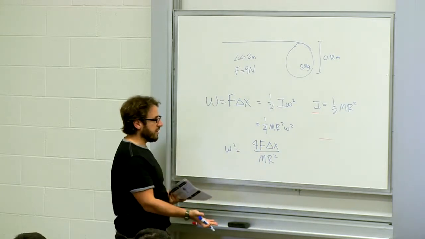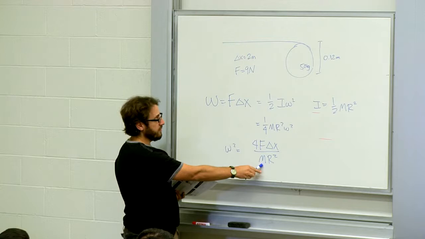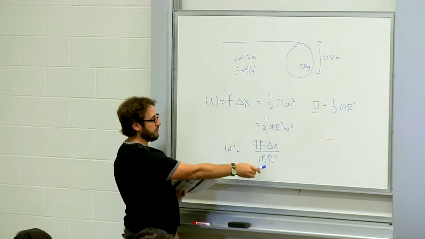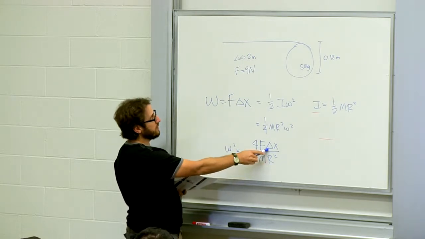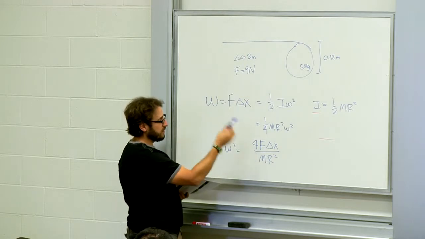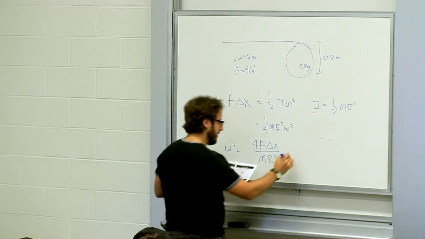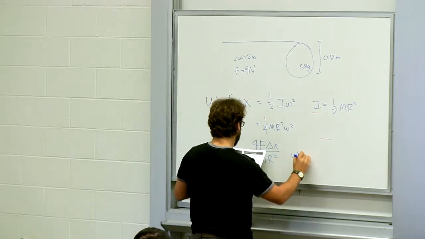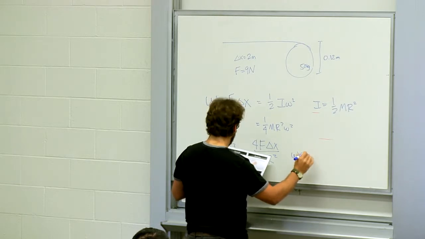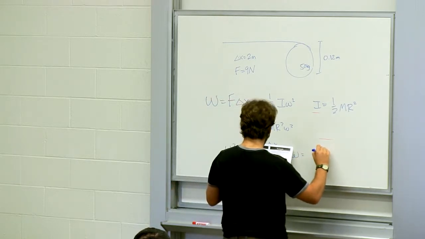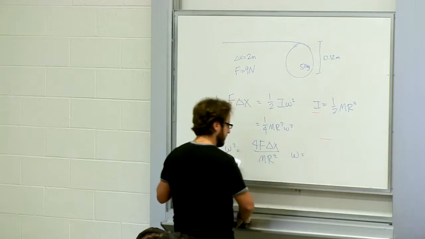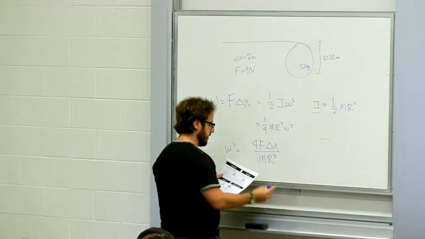And these are all numbers that I've been given. I've been given the mass. I can get the radius from the diameter. I've been given delta x. I've been given the force. I know the number 4, right? And so you can just plug it in, okay?